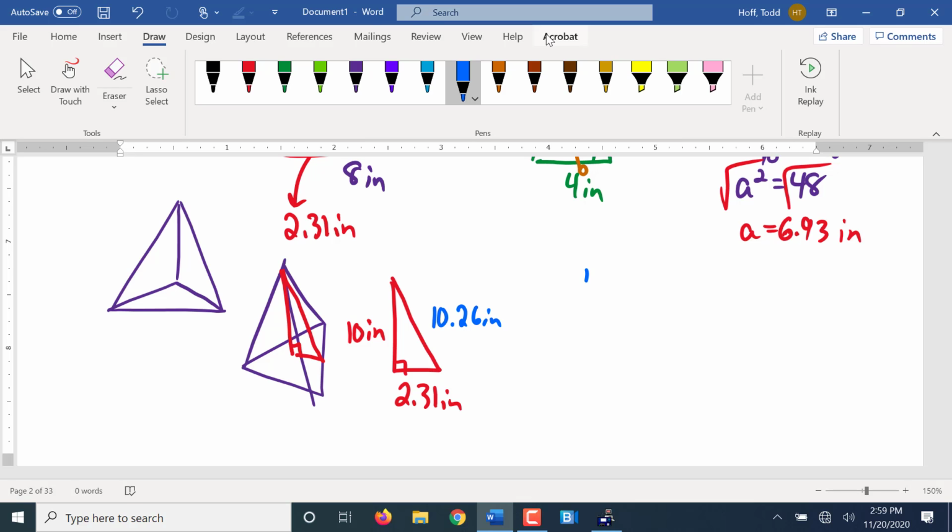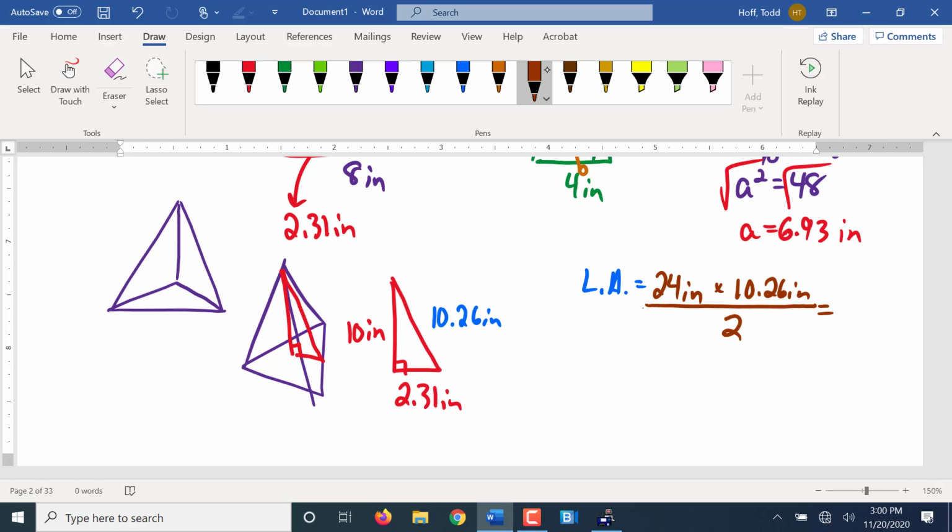So now our lateral area, we have the perimeter of the base was 24 inches. That was just the 8 plus 8 plus 8 times that slant of 10.26 inches. Because this is a pyramid, that means those lateral surfaces are triangles. So what do we have to do? Divide by 2. This is going to be area, so you divide by 2.